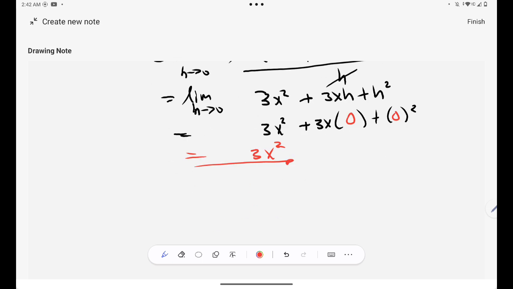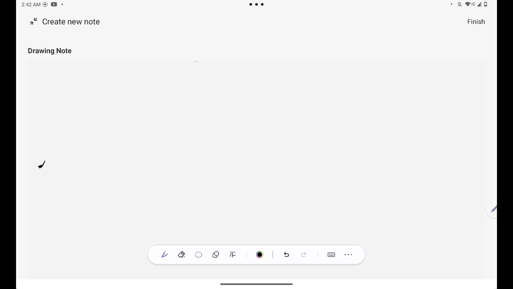Are we together? The problem for many students comes whenever now we have fractions. Find the derivative. It's simple as well, guys.